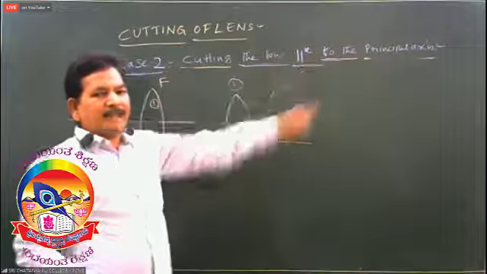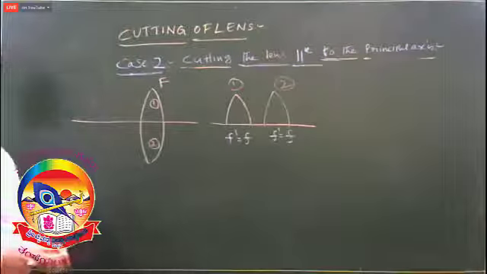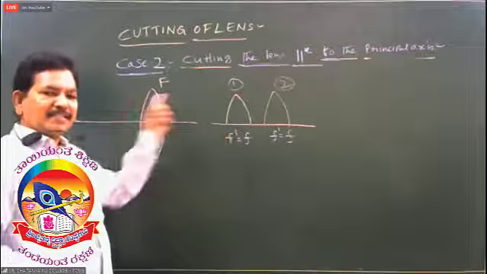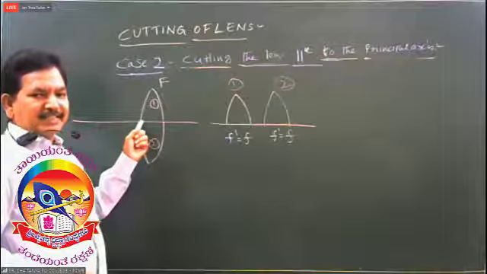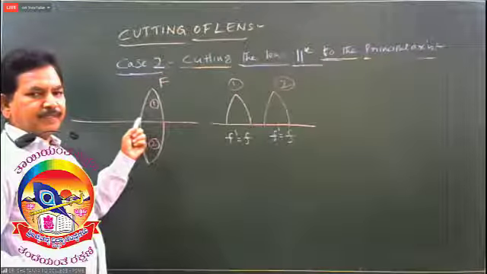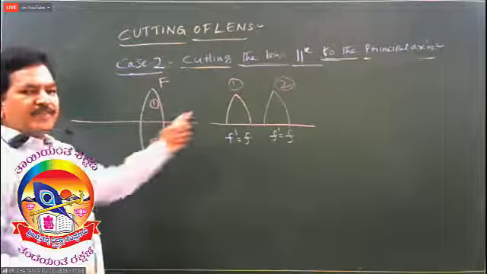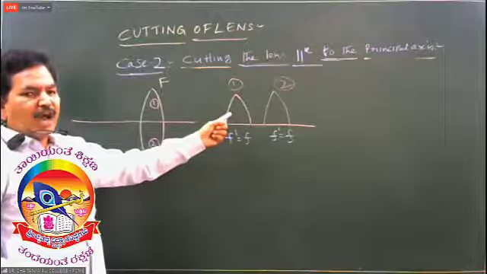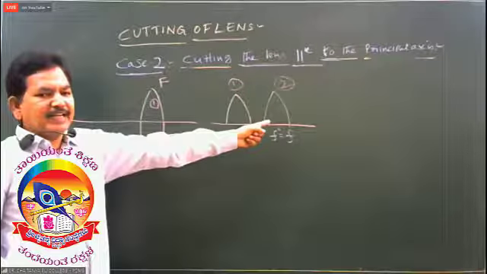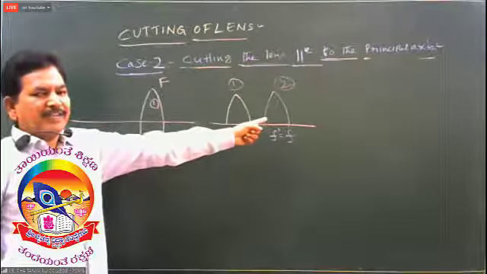Though it was cut into two pieces parallel to the principal axis, the focal length of each piece remains the same as that of the original convex lens, F itself. Here also two surfaces, R1, R2. That's why the focal length will never change.